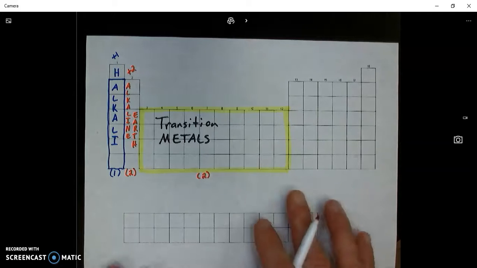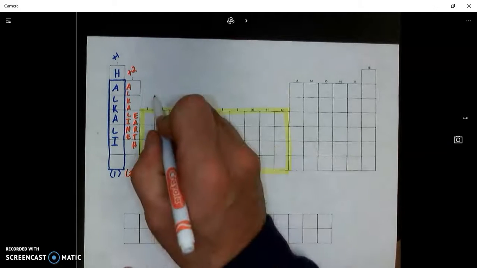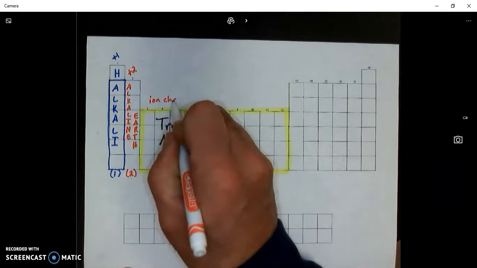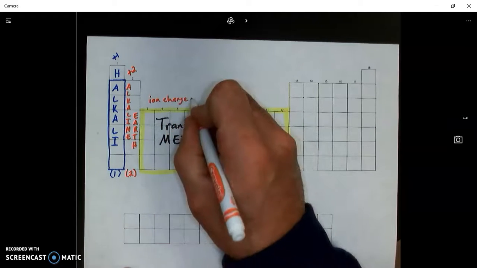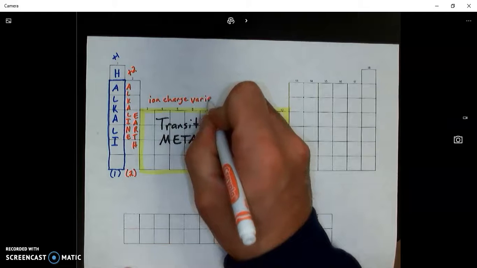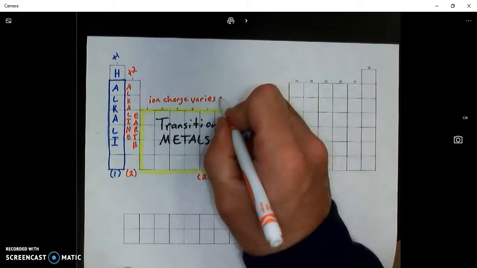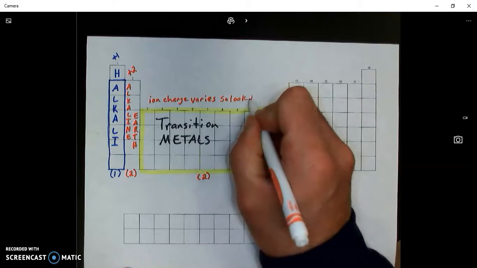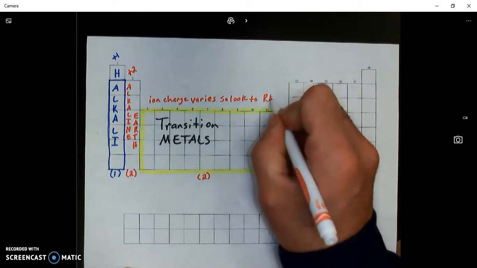Okay? Now, the difference here is that the ion charge varies. So we have to look to the Roman numerals.